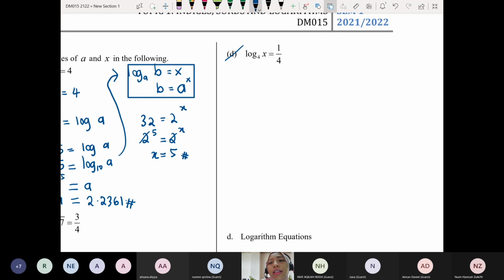D ni senang sikit sebab apa? Cuba kita tengok. Boleh tak log B base A equals to X ini tadi kita tukar kepada indeks, dia akan jadi A^X. Okay, so sama juga, X is equals to 4^(1/4). So apakah jawapannya?